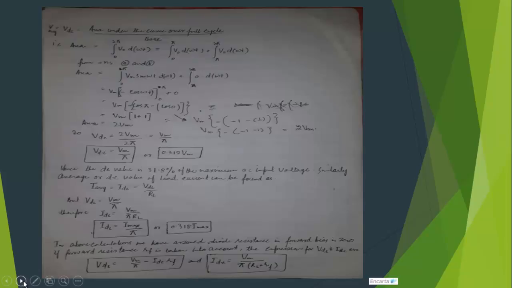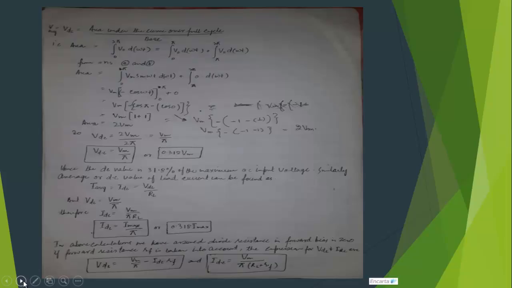In the above calculation, we have assumed that the diode resistance in forward bias is 0. That means the forward resistance of the diode is 0. If the forward resistance RF is taken into account, then the expressions for VDC and IDC are: VDC is equal to Vm by pi minus IDC into RF.